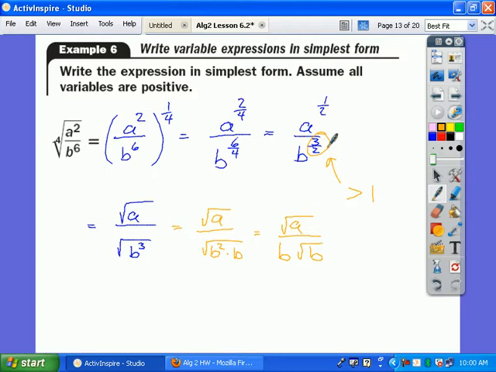Now let me show you a different way we could have thought of this. B to the 3/2 power, so let me write a to the 1/2 up here. And I could have just done this. B to the 3/2 is the same thing as b to the 2/2, or 2 divided by 2, times b to the 1/2.